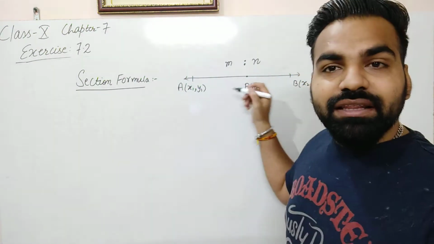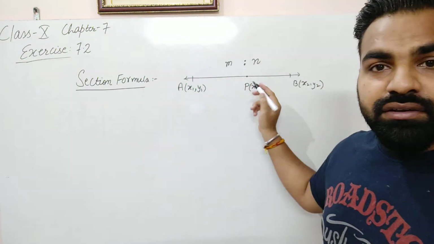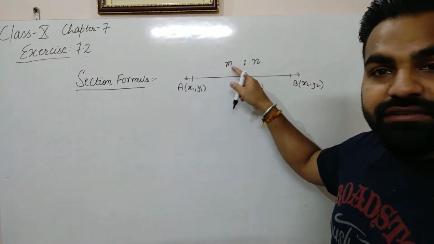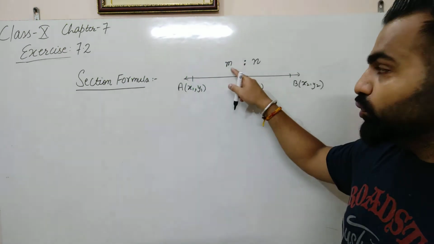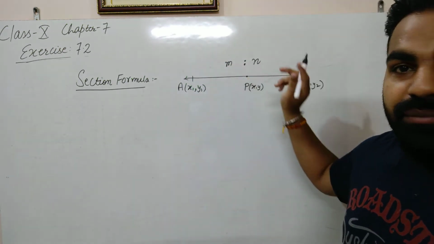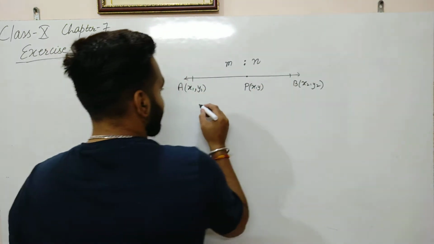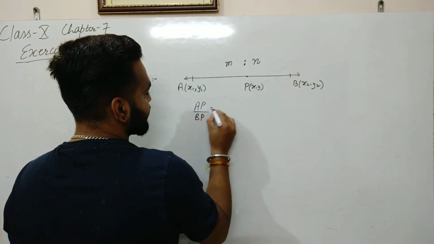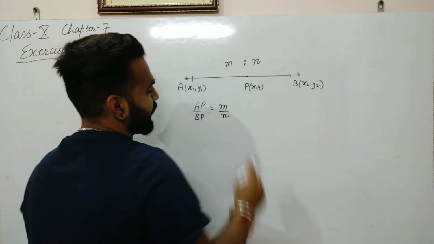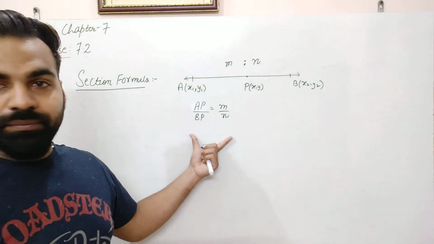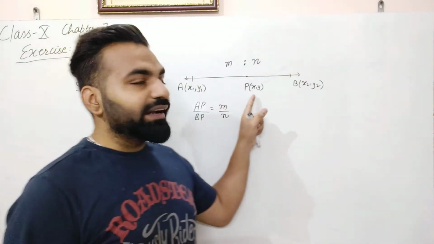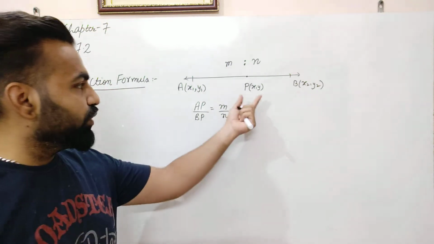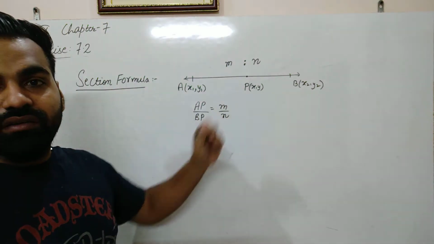Point P lies somewhere on the line such that it divides the line into two parts in the ratio m/n. So it is given that AP upon BP is equal to m by n. This ratio is given here.